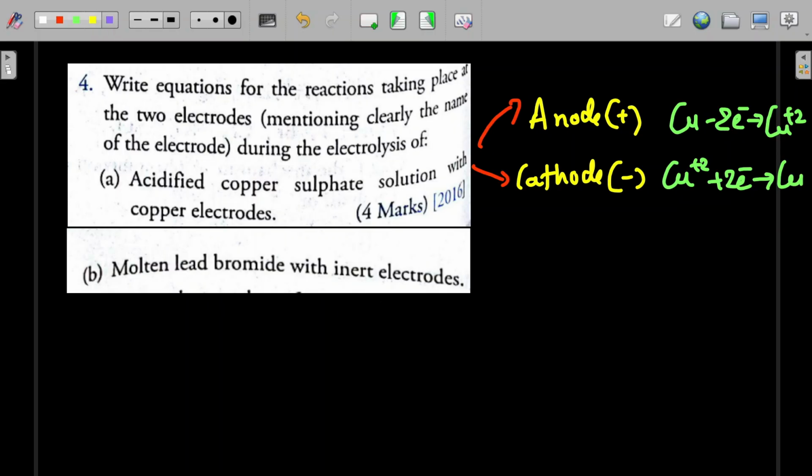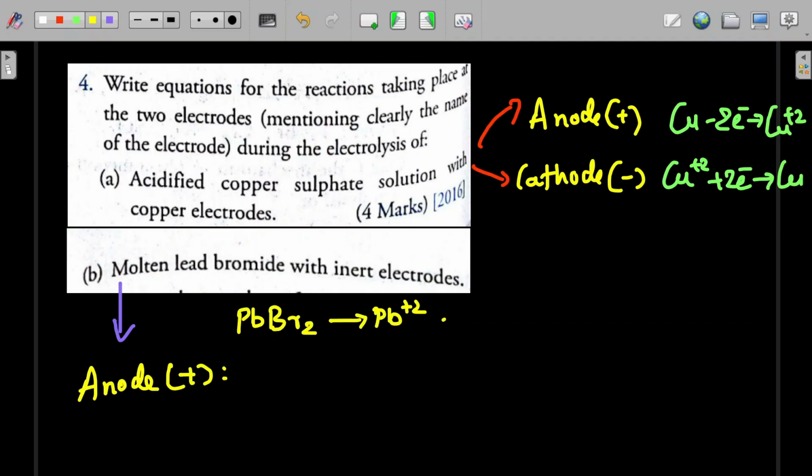Vanishika, B part. Yes, so Br2 minus 2 electrons. Br2 you will not take directly. Anion you have to take, no? Molten lead bromide. What anion will it have? If you are having confusion, just write this. Lead ion will form, bromide ion will form, not bromine.